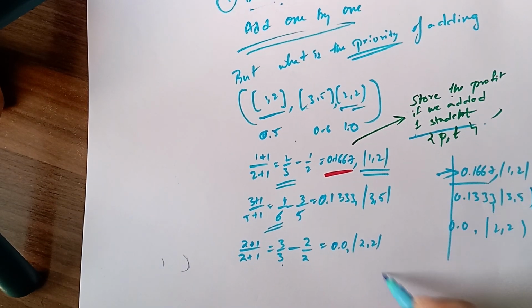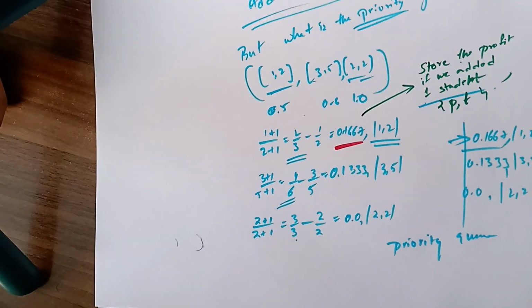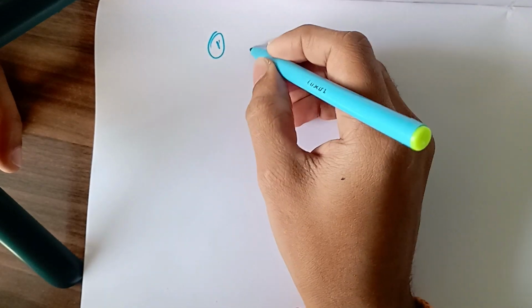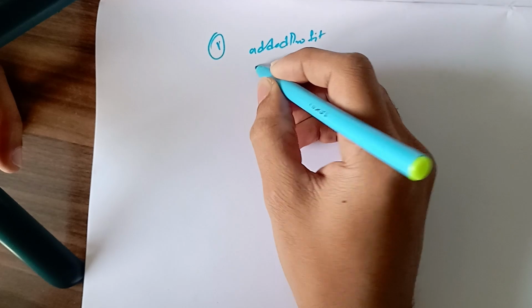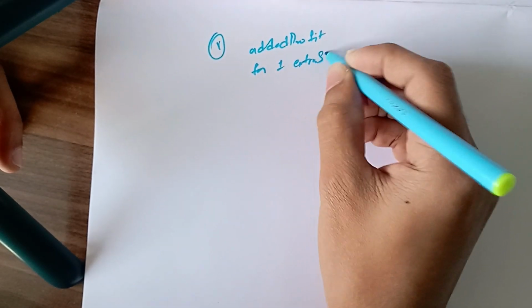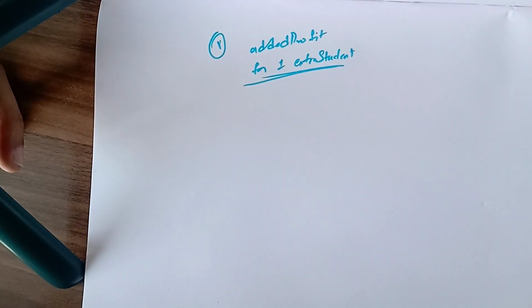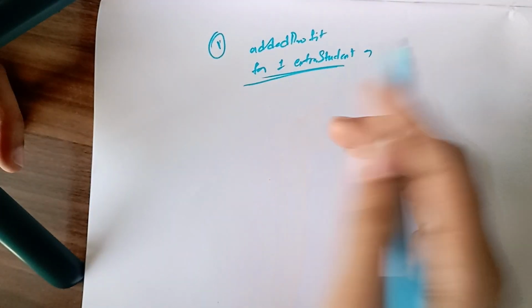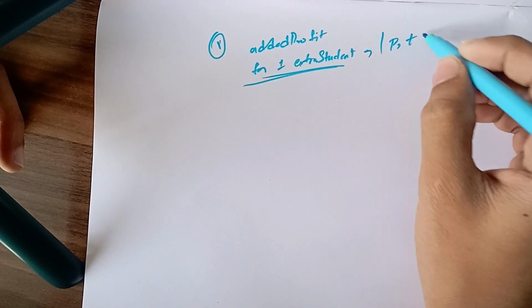That means we will be using priority queue. So we got one thing, that we will be storing the added profit for one extra student. Now the thing is, we are initializing this priority queue with added profit for one extra student and the passing students and the total students.